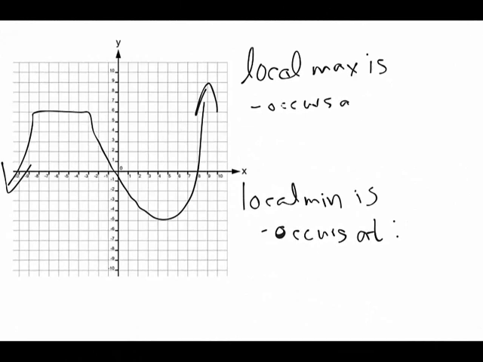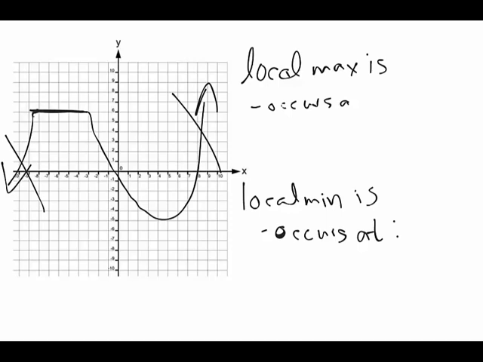So when we're looking at a local max, remember that the maximum point has to be higher than every other point around it, excluding the ends of the graph. So if we chop off the ends of our graph here, the highest points on our graph is this line right over here. The graph doesn't go any higher than that. But this does not fit our criteria.